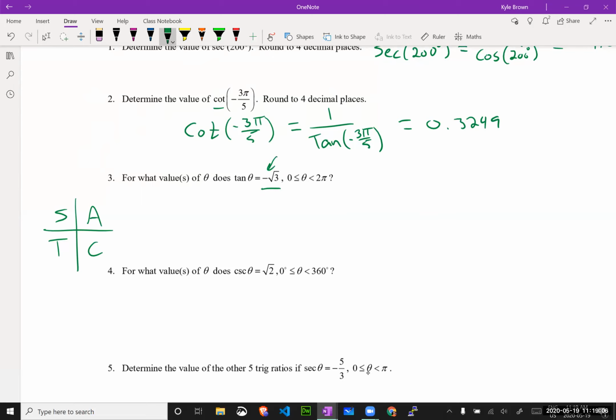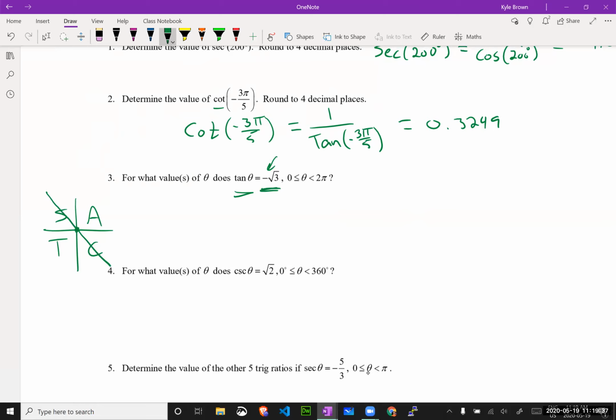According to the cast rule, I know this is a long time ago, the way this works is A stands for all, C stands for cos, S stands for sine, and T stands for tan. That's where they're going to be positive. So tan would be positive here and here, in quadrant 1 and in quadrant 3. Then that would make it so that tan is negative in this quadrant and in this quadrant.